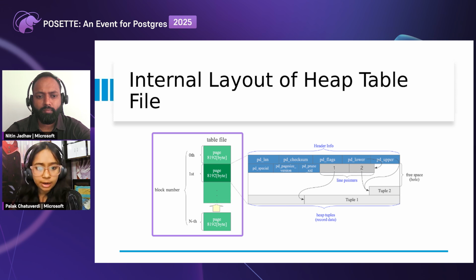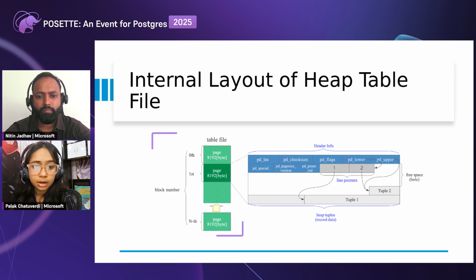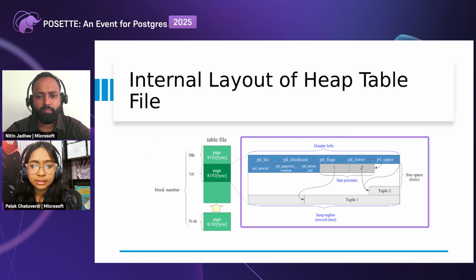Now, as you can see from the figure, the page layout is explained, showing what is inside the page. Inside the page we have the page header, which contains pd_lsn, pd_checksum, pd_flags, pd_lower, pd_upper, and so on. The LSN tells us the last LSN that updated that page. The checksum contains the checksum that we have calculated for that page.